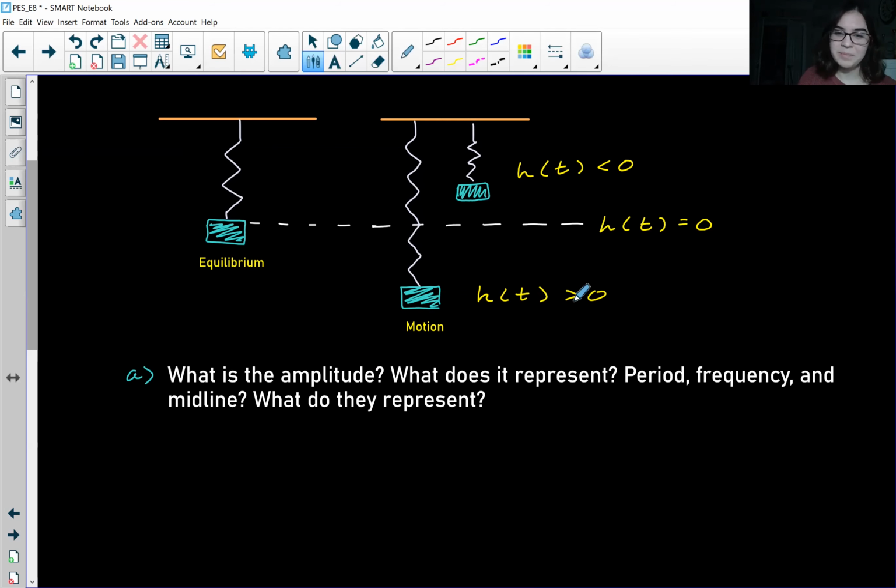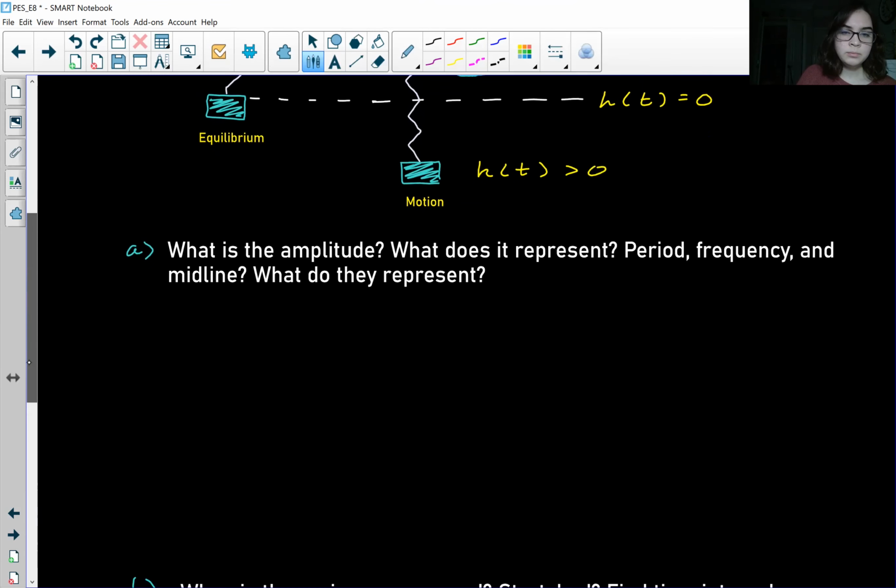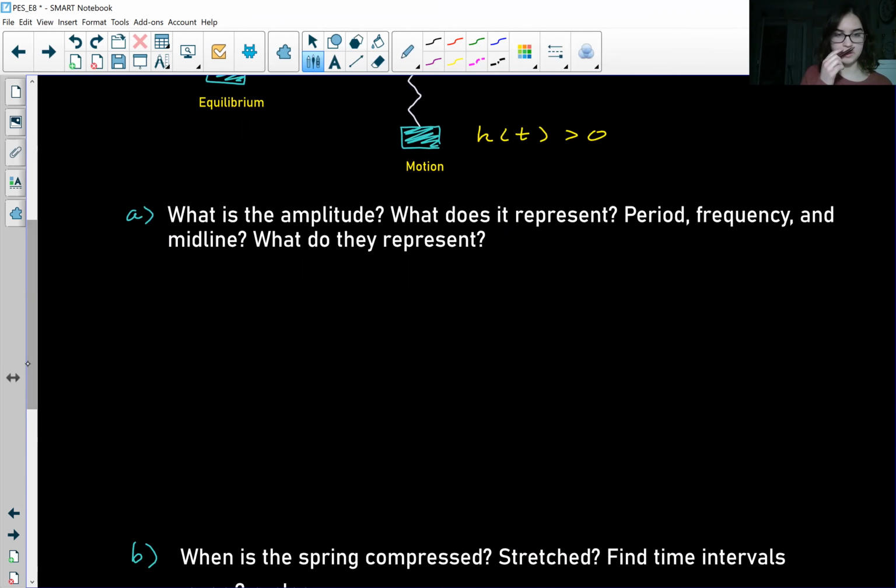At that point, the function becomes greater than 0, and we just kind of designated that. When it bounces back up and goes above equilibrium, we say the function is less than 0. So then we ask ourselves, what is the amplitude, and what does it represent? Period, frequency, midline, and what do they represent?